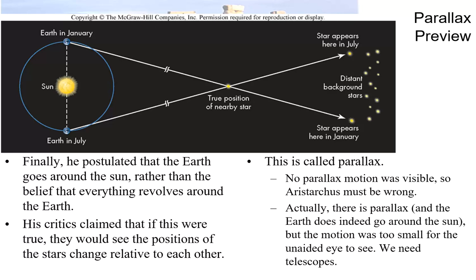And then when the Earth moves to the other side of the sun, this star looks like it's down with the lower stars. So the position of the closer star appears to have shifted with respect to the further ones. And so they didn't see that, and they said there's good evidence that the Earth is not moving.